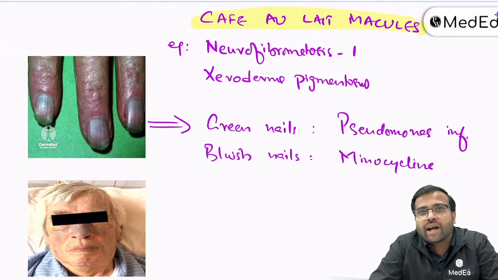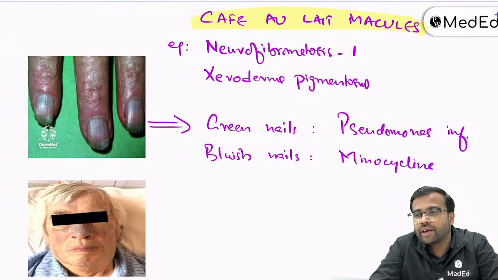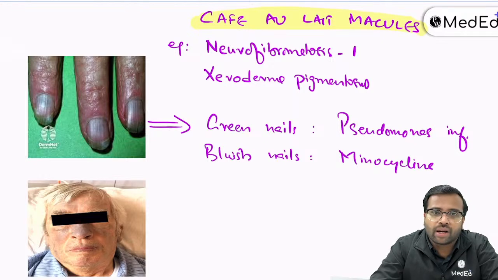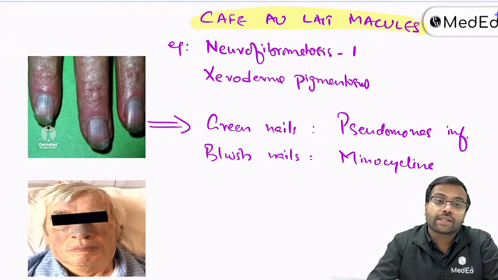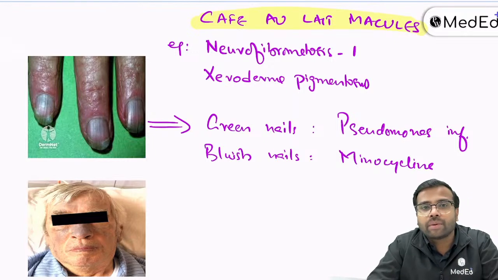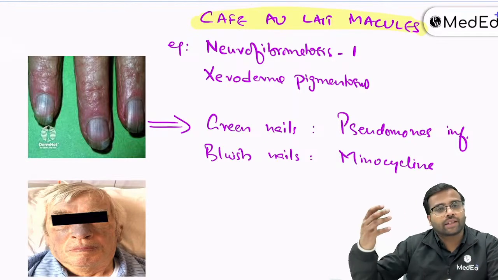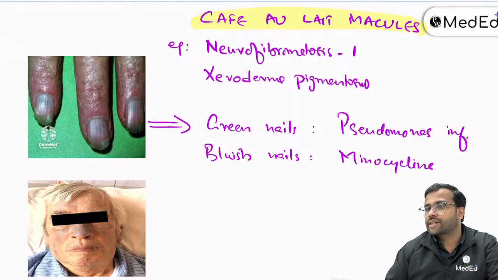Say somebody had acne vulgaris and we are treating the acne with antibiotics. You used doxycycline or minocycline. When there is use of minocycline for a longer period of time, there is something called melanonychia. Melano means pigmentation, nychia means nails, so some pigmentation of the nails. Then you start thinking that bluish nails can be minocycline. All those things can be thought about.